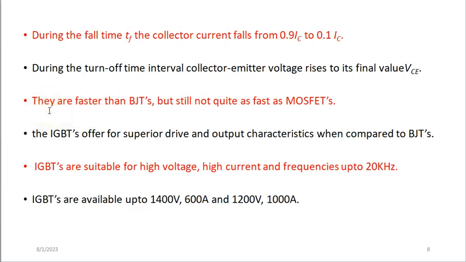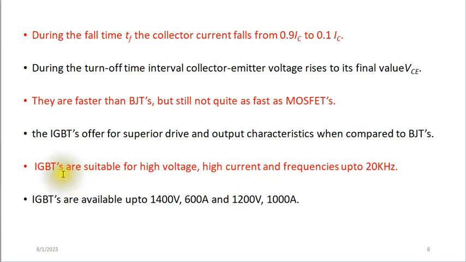And these IGBTs are found to be faster in operation than bipolar junction transistors, but they are slower than MOSFETs. That is, MOSFETs are faster than them, but they are faster than the BJT. And the IGBT also has a superior drive. That is, whenever you want to drive a heavy machine, the power electronic circuit normally uses IGBT, and it has very good output characteristics when you compare it with the bipolar junction transistor.